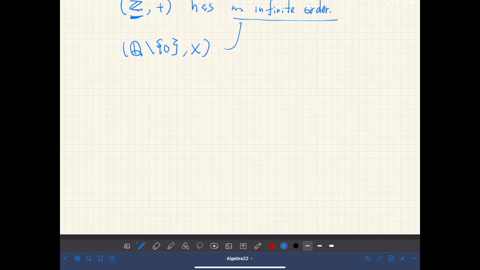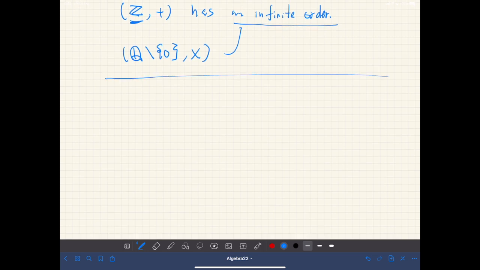And for a finite group, we can enumerate all the operations in the form of a table. For example, let's say we have a finite group with the order of n. Then there are n elements. So we arrange these elements in this way.